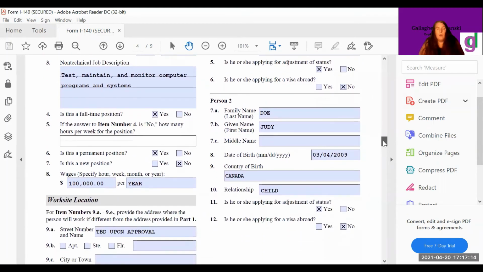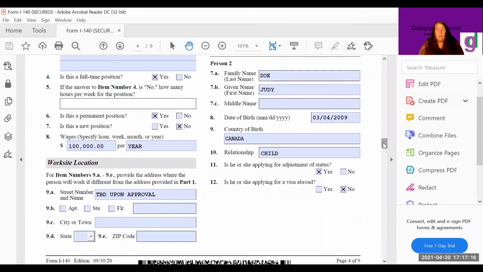Now, this person in my example has 2 children. One child was born out of the country and one child was born in the US. So here's where the difference is. Judy here was born in 2009. She was born in Canada, and she's in the United States with the candidate. So they are applying for adjustment of status. They're not abroad.